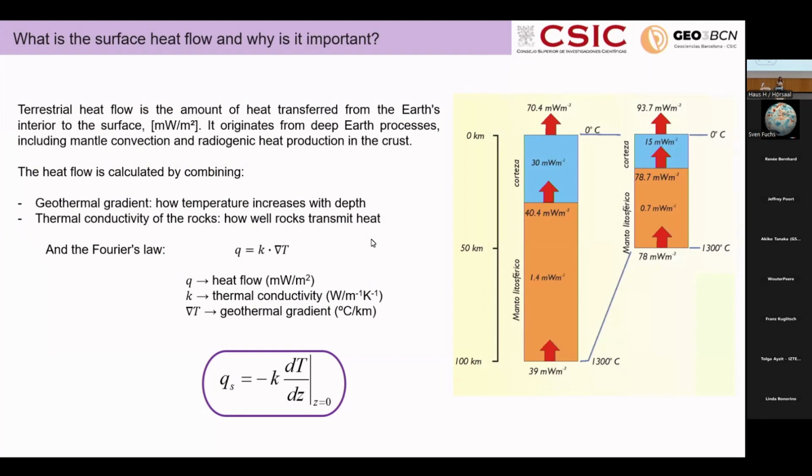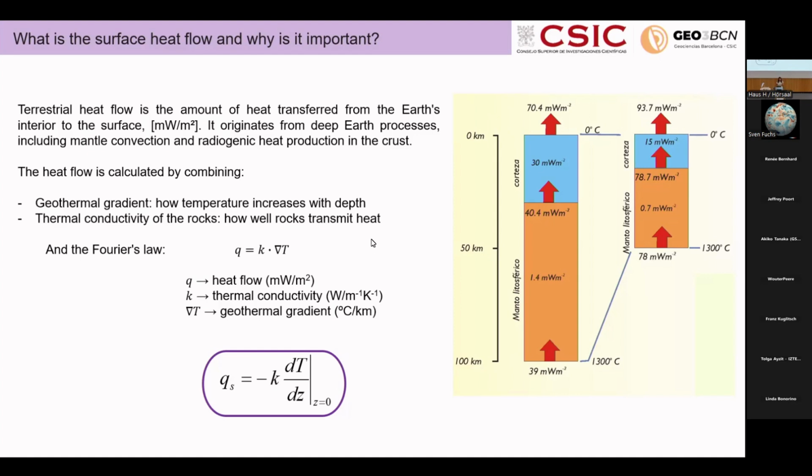What is the surface heat flow and why is it important? This is probably obvious to all of you. It is the heat transfer from the Earth, coming from the lower mantle, and also the heat created from radiogenic heat production in the crust.